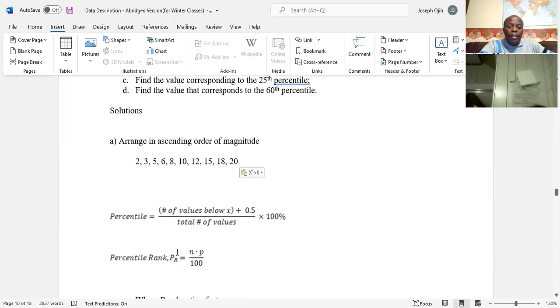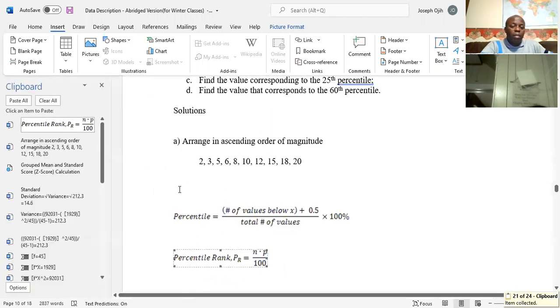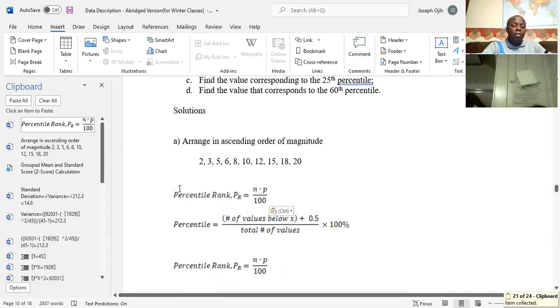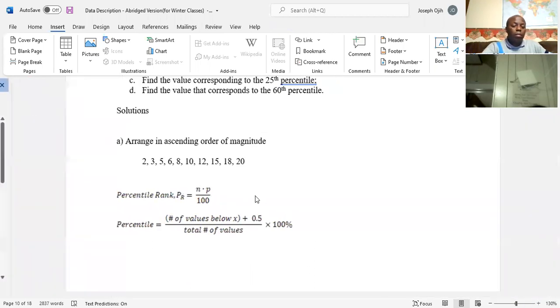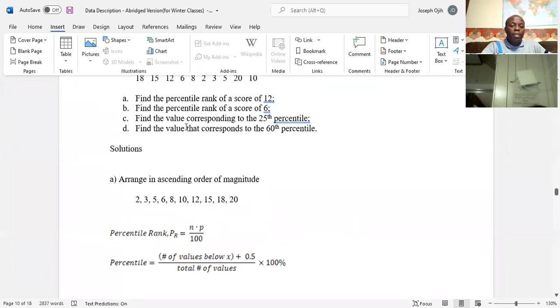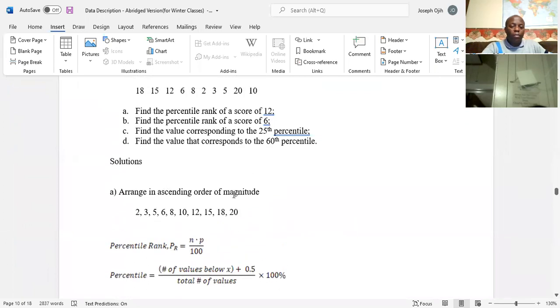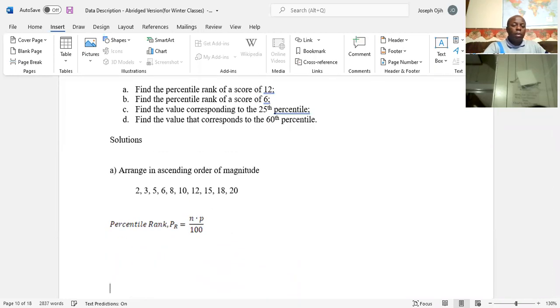So we can now apply this formula here. The percentile rank, that's what they ask you. Find the percentile rank of the score of 12, so X is 12.